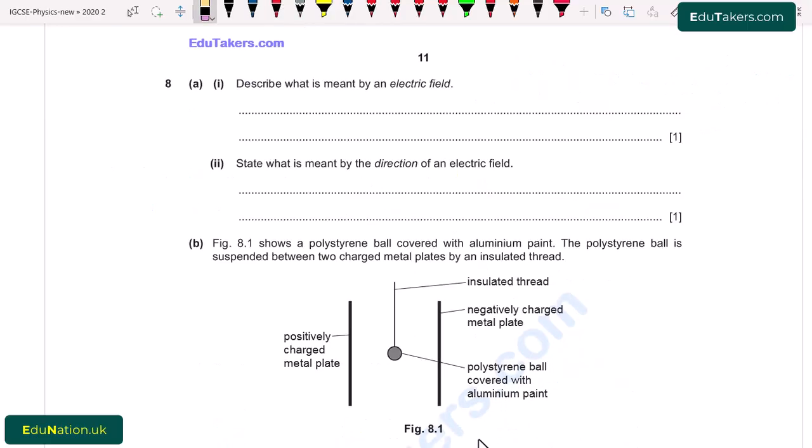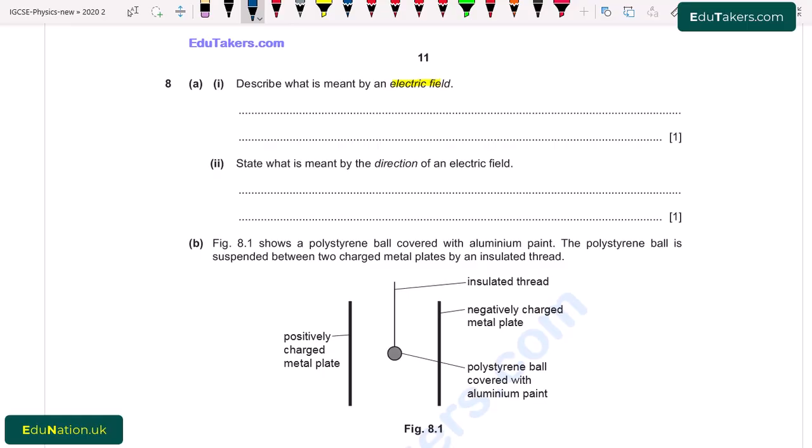Question number 8, part 1. Describe what is meant by an electric field. Here we have to define what is the electric field. We know that electric field is a region in which the electric charge experiences a force.